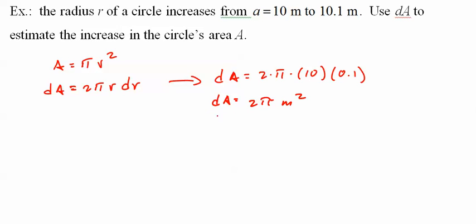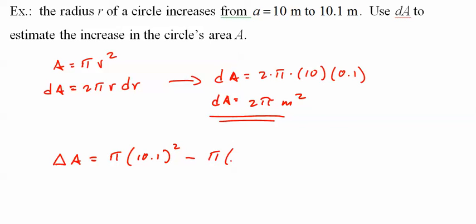2 pi meters squared. Notice we started this lesson with linearization, which is an approximation. So we're still approximating because the actual change, the delta A, would be pi times 10.1 squared minus pi times 10 squared, which is about 0.01 pi.